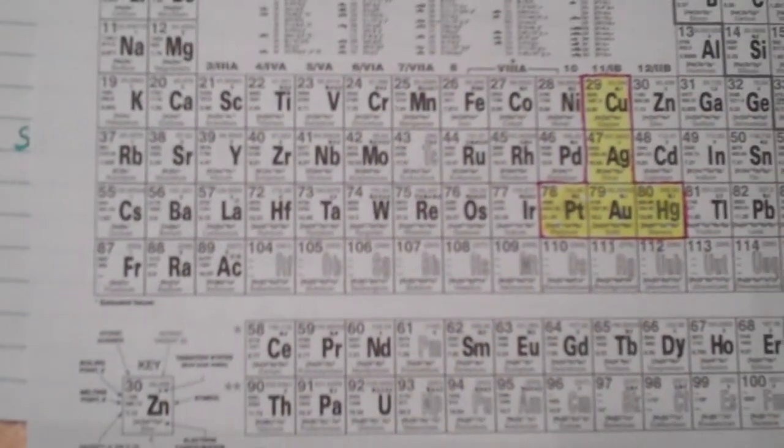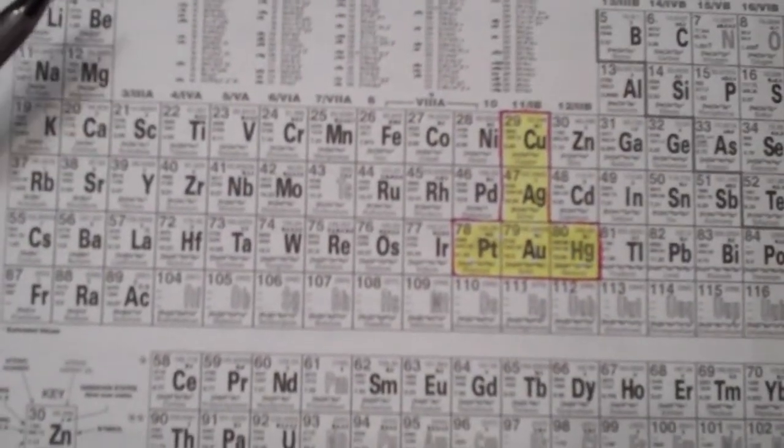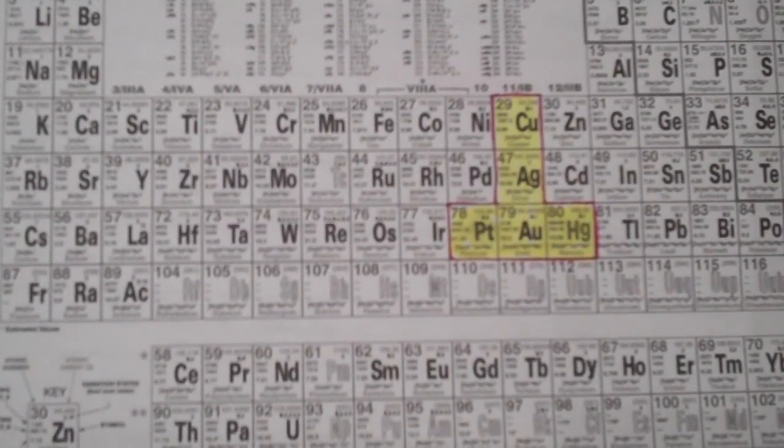The most active metals are going to be in the first family: sodium, lithium, potassium, rubidium, cesium. And the second family, where we have our +2 ions, and even some of the third major family, where we find aluminum.